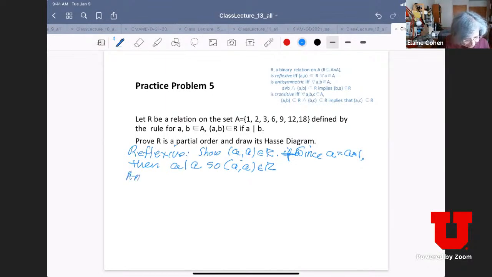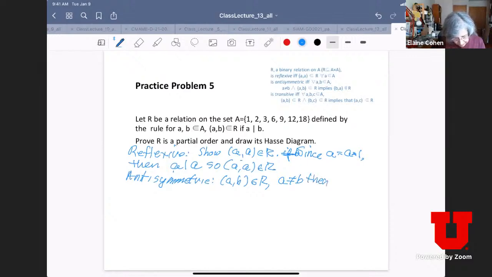So now we have to show anti-symmetric. So we start out and we say, anyone want to try it? Okay, then I'll do it. We say (A, B) is in the relation and A is not equal to B. That's a requirement.